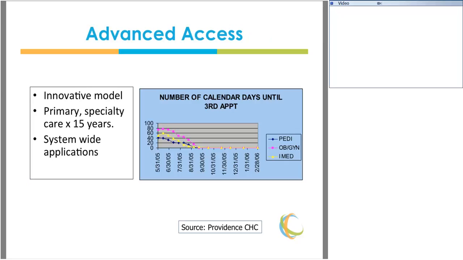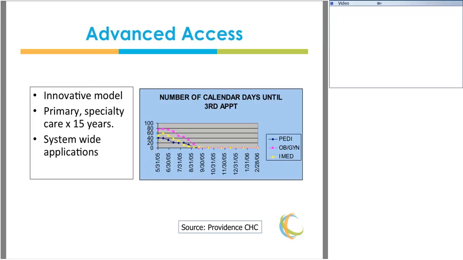This is an example. This was actually a community health center in Providence, Rhode Island, where you can see in pediatrics, OBGYN, and internal medicine, in all 3 of their departments, they were committed to improving access essentially to 0 days, and they did that very successfully.